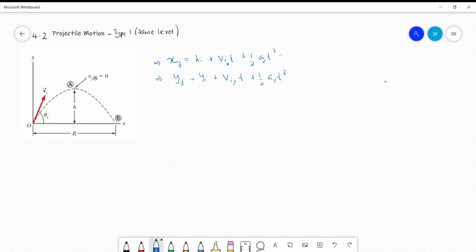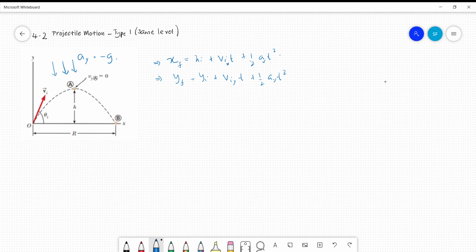In projectile motion, finally the ball will be back on the ground. So we can say that the motion here is under the influence of gravity, where the acceleration ay equals negative g.